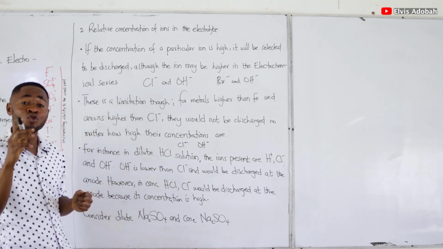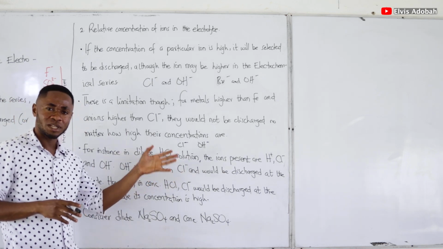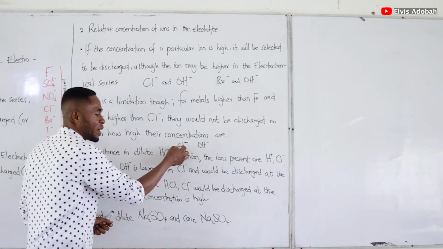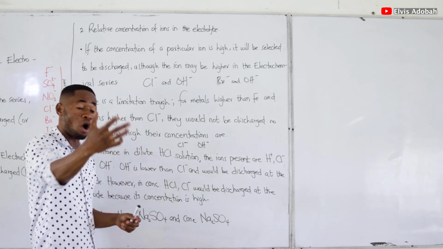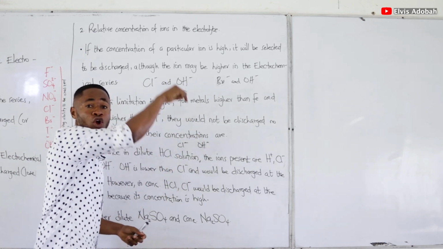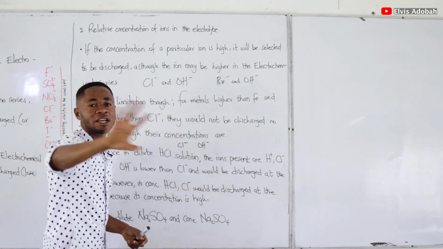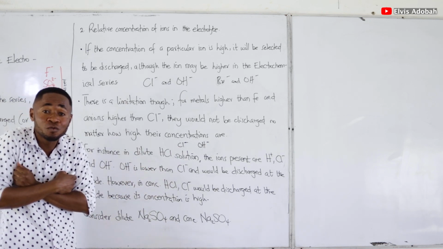Who is going to lose the electrons? Since the solution is dilute, we will look at the electrochemical series of the anions. Which one of them is lower? Obviously, hydroxyl ion is lower. So hydroxyl ion will lose electrons. Chloride ions will sit there aloof.